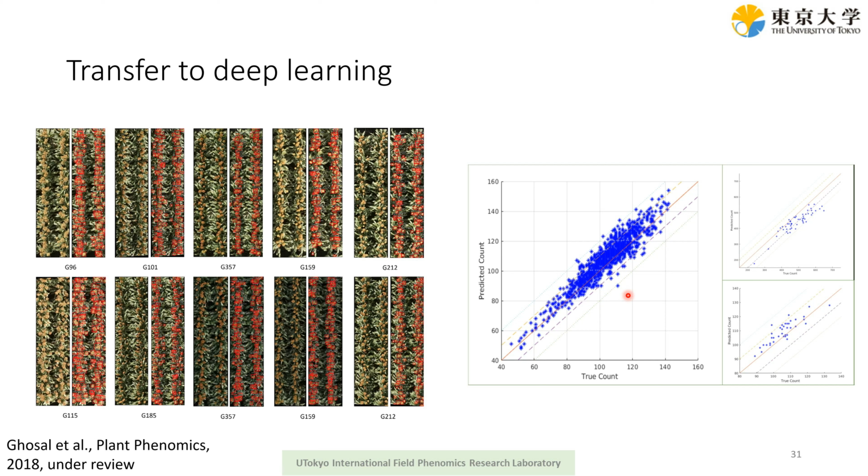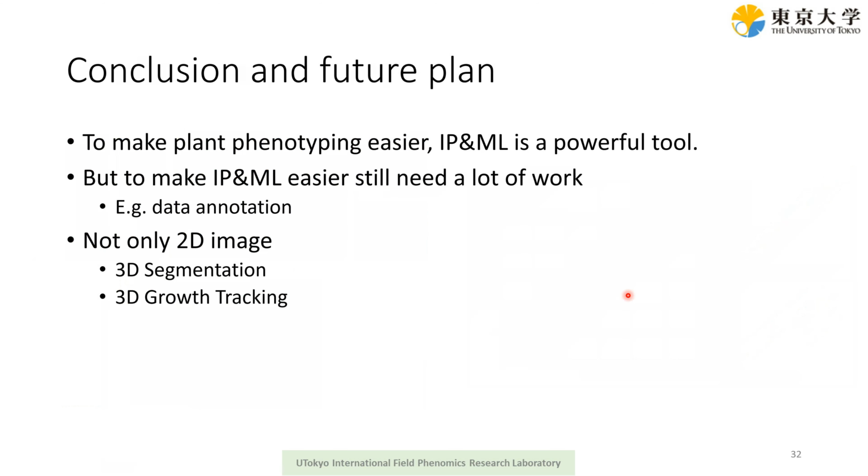And we're going to also publish this model to the public soon after this paper is accepted in the future. So these are all the 3 case studies that I want to share for today's presentation, and I would like to go to the conclusion and the future plans for our team.